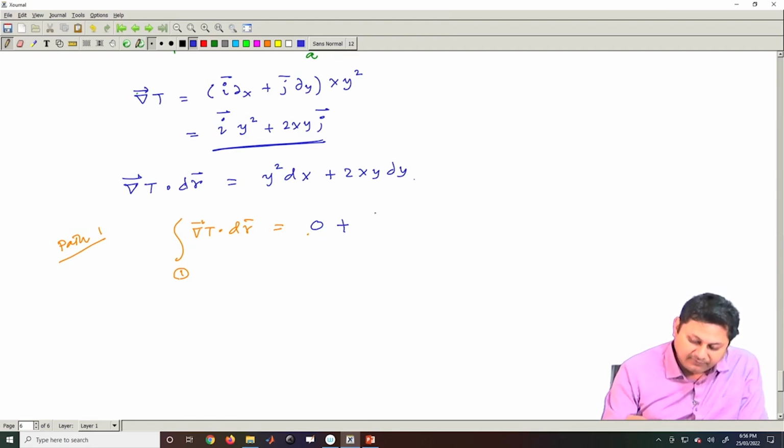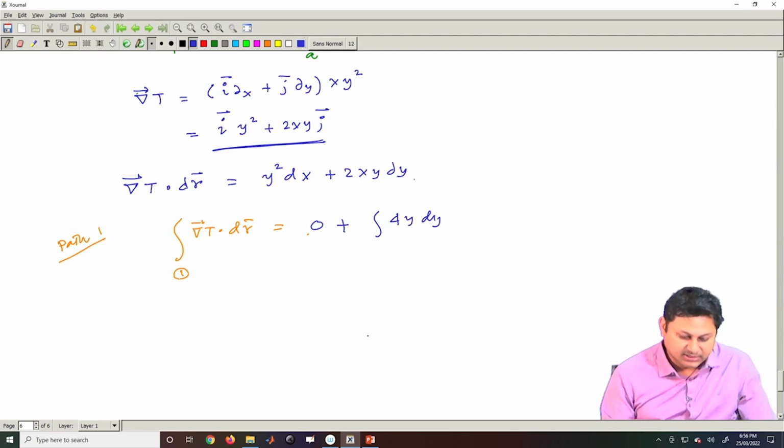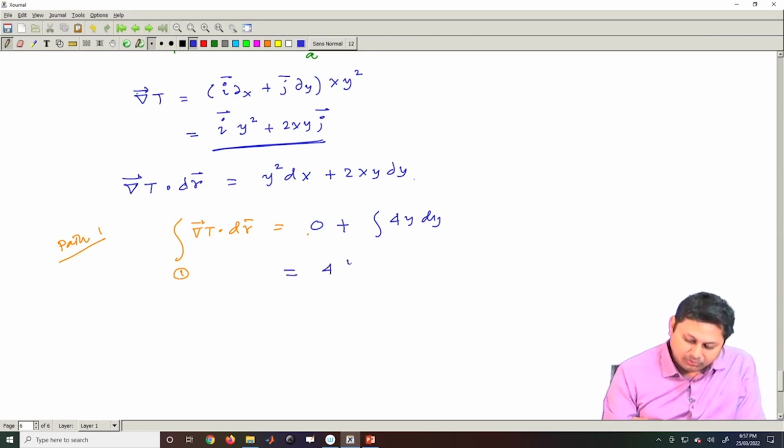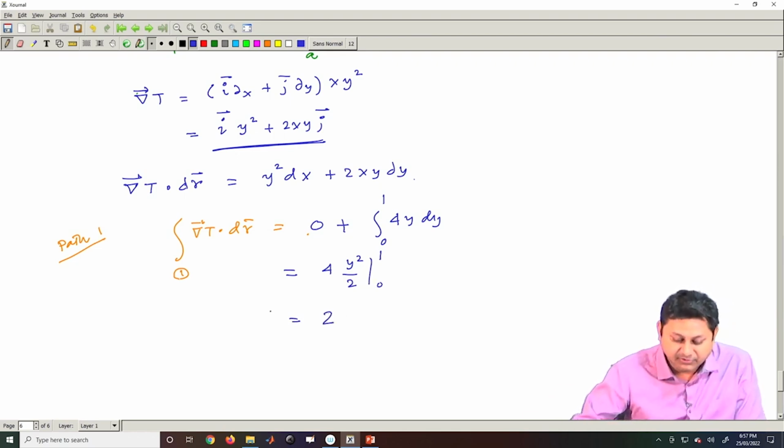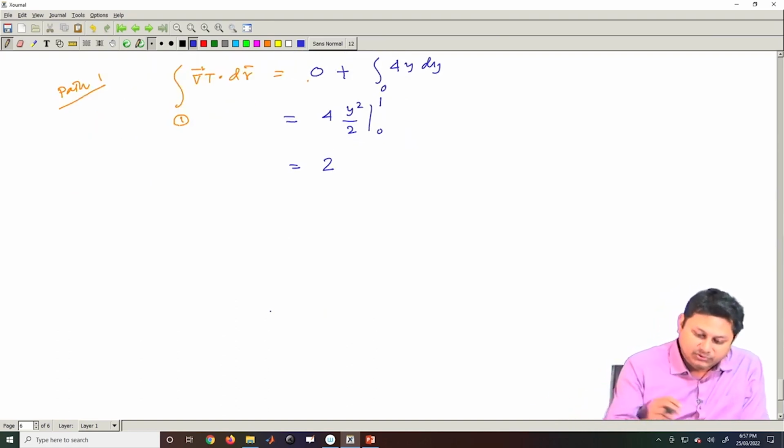So, I should have the integration of 4 y dy, that is all, because x is 2, it is not changing. So, what value am I getting here? 4 y square by 2, integrated from 0 to 1, for the second part of this path. Eventually I am going to get 2. This is the result for path 1. What about path 2?